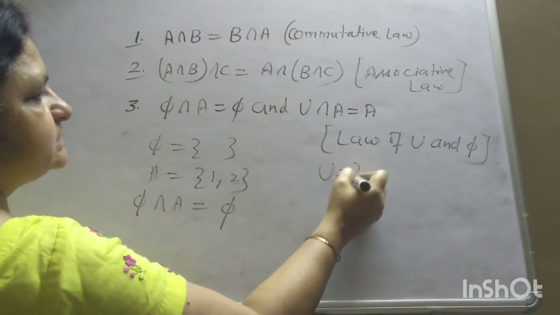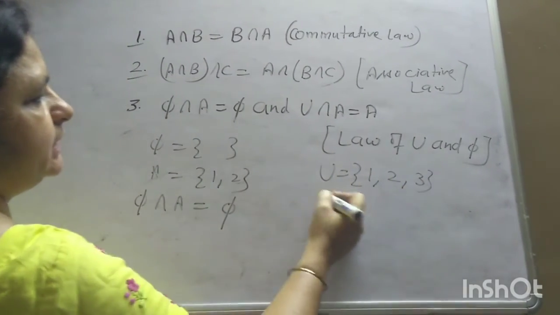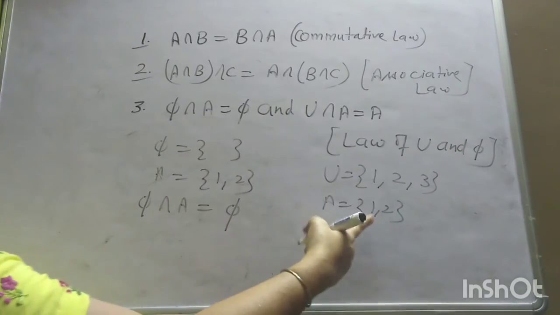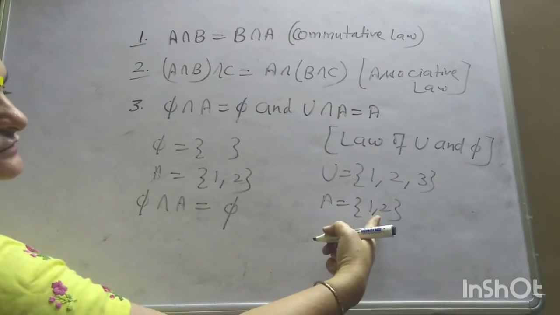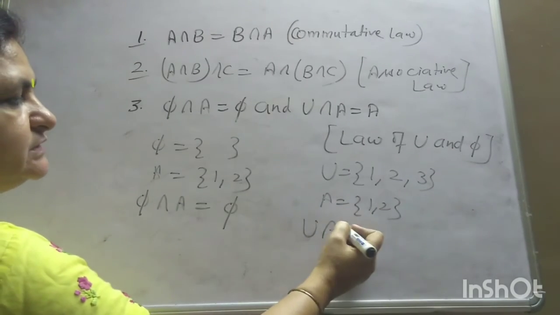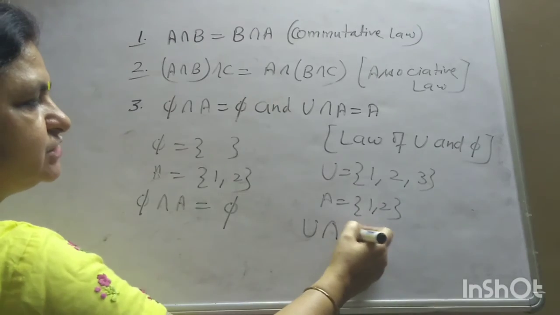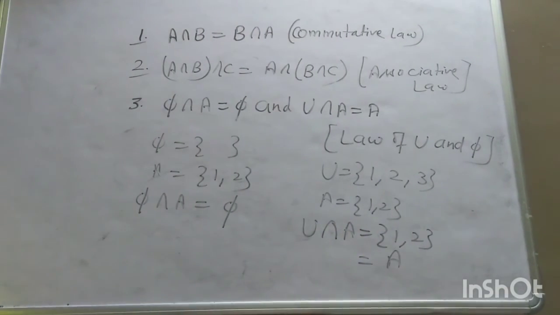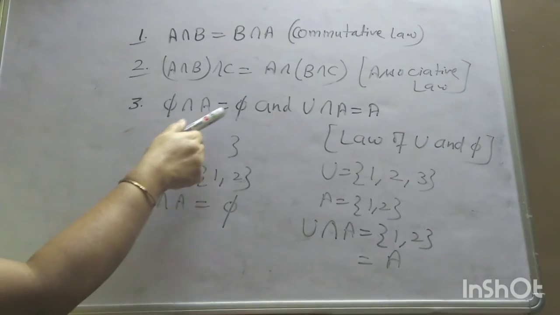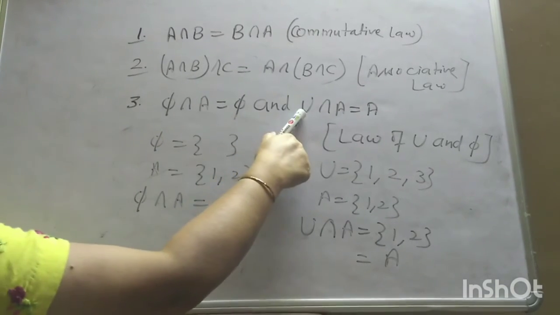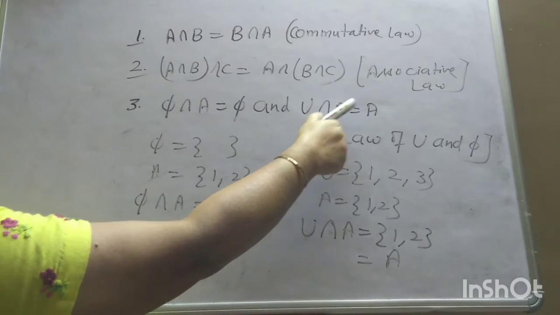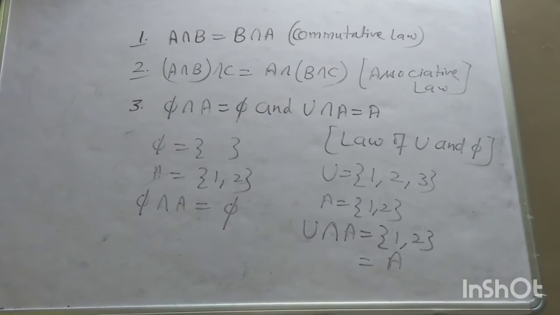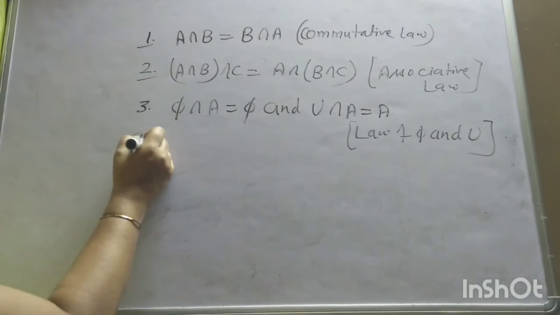Now, universal set is 1, 2, 3 and A is 1, 2, because universal set must contain all the elements of set A. Therefore, universal set intersection A is equal to 1, 2. It means again A. So phi intersection A is always phi, and universal set intersection with any set is always that set.